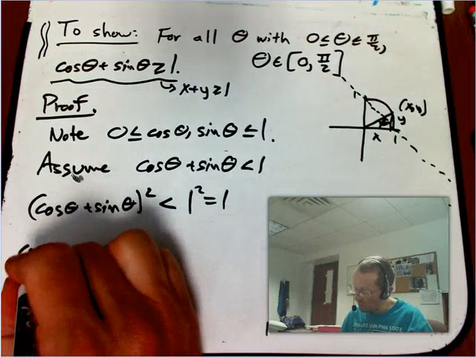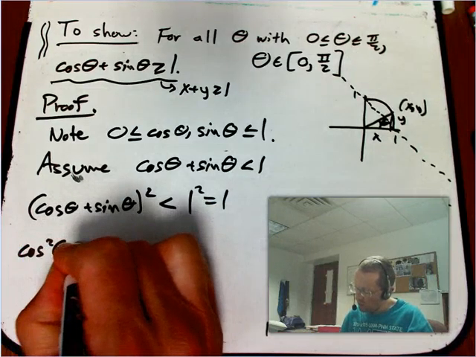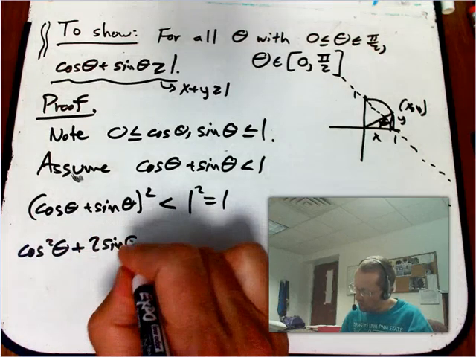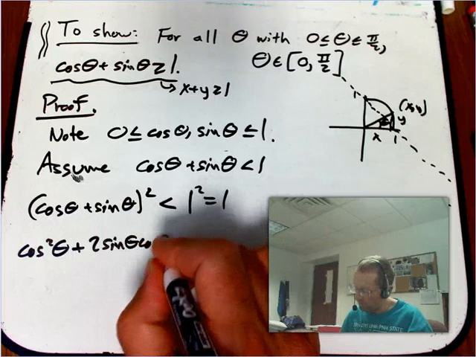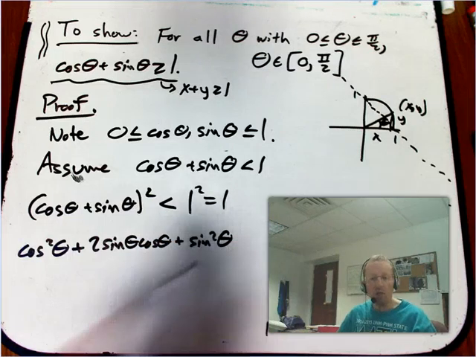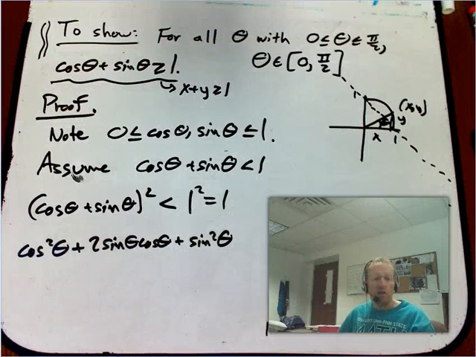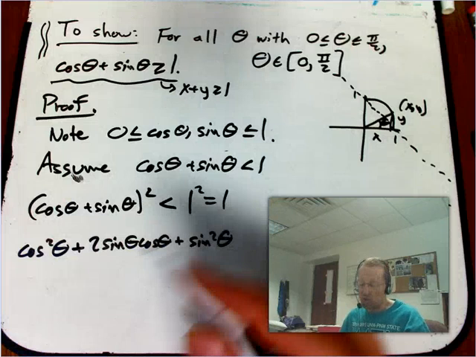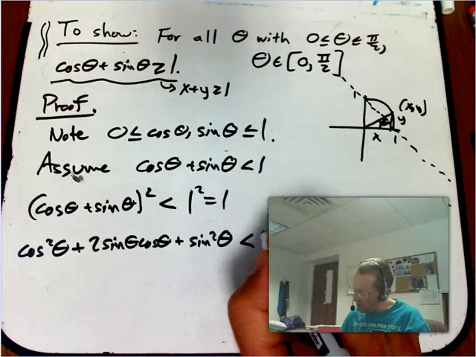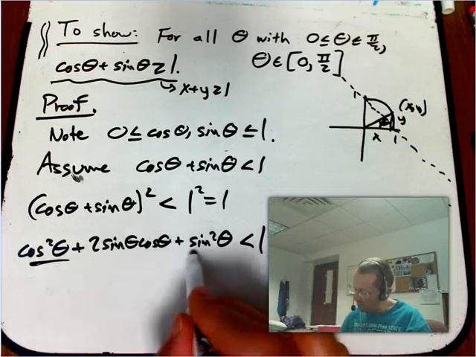So let me expand that out. The reason you would do that is that part of it is something that is really, really nice. Very common from trig identities, even if it's not there to begin with, you want to engineer a way to get the Pythagorean identity into there. Okay, so that is less than 1. Hey, wait a minute, that is 1.